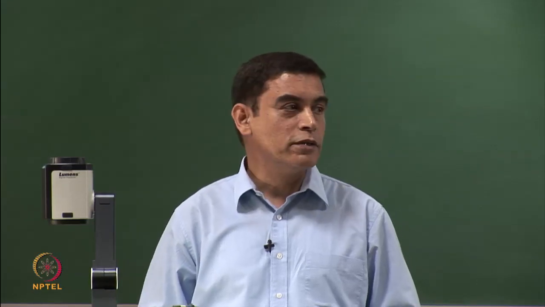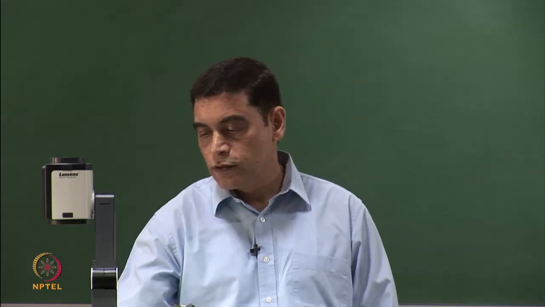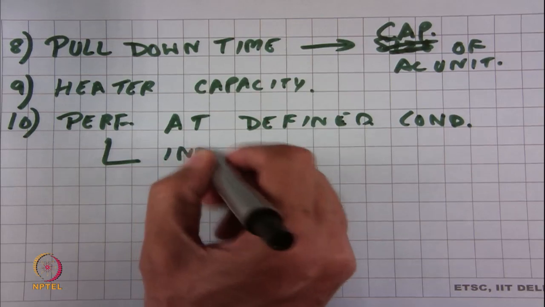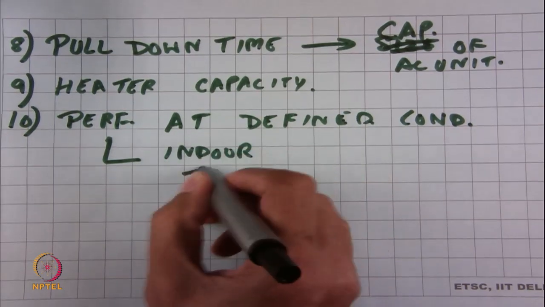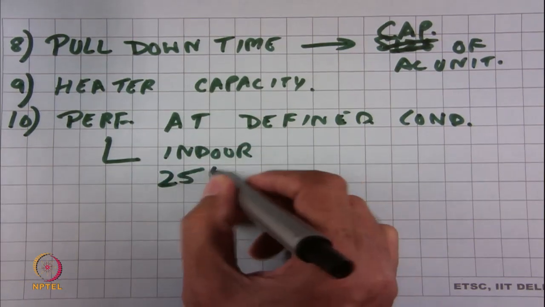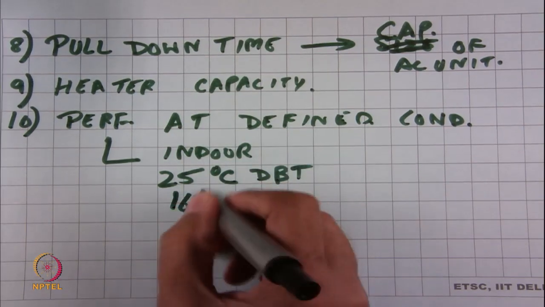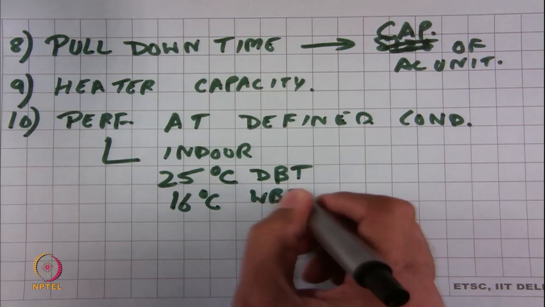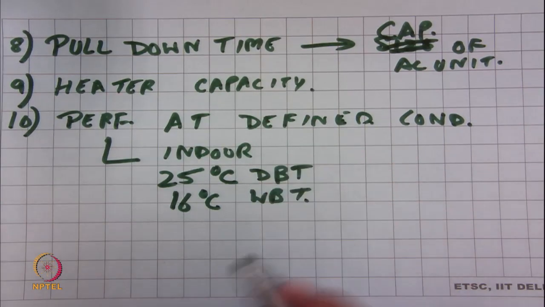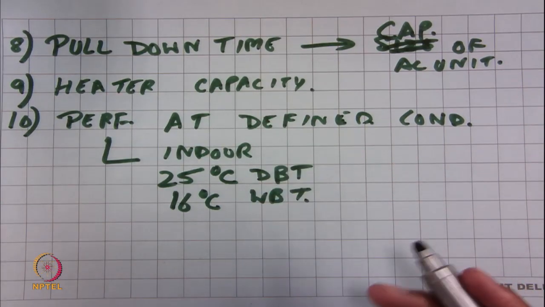These conditions were pretty well defined in terms of indoor conditions: 25 degrees C DBT, 16 degrees C WBT. This was the test condition at which we had to look at capacity.